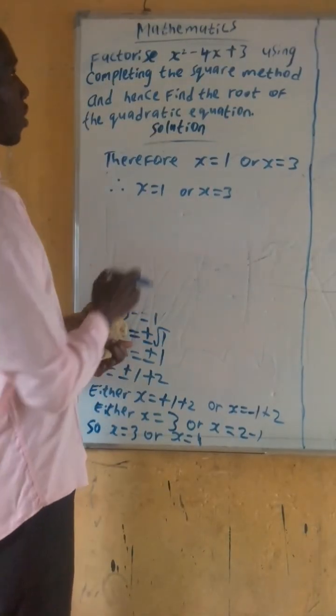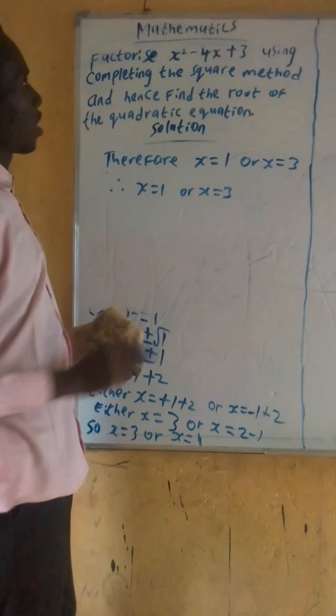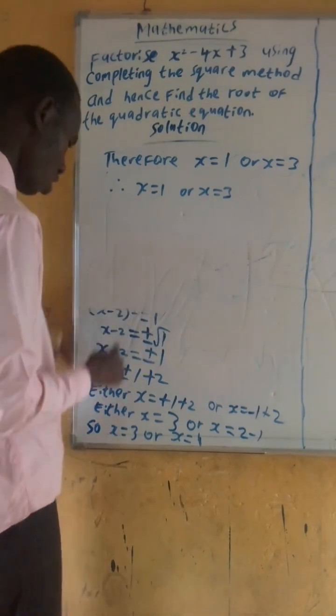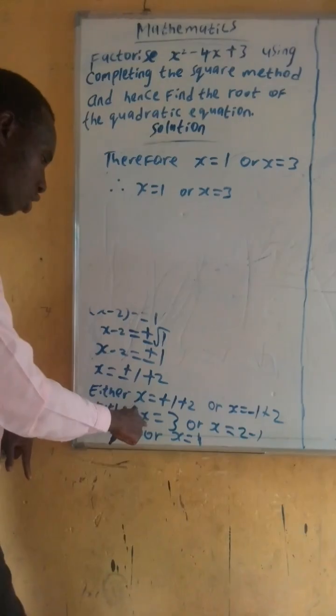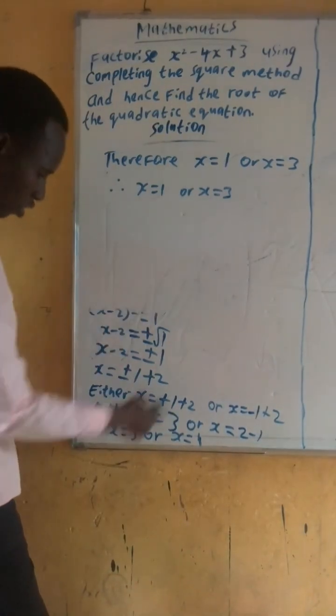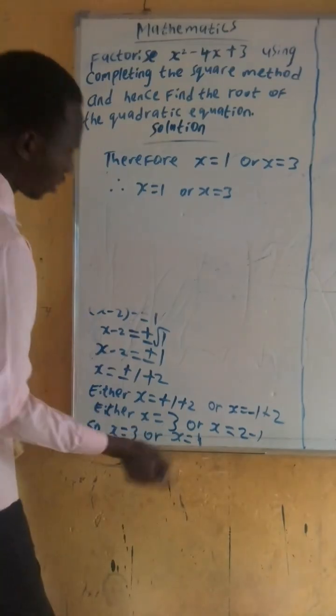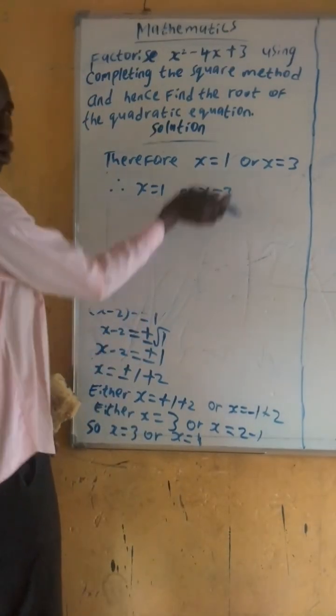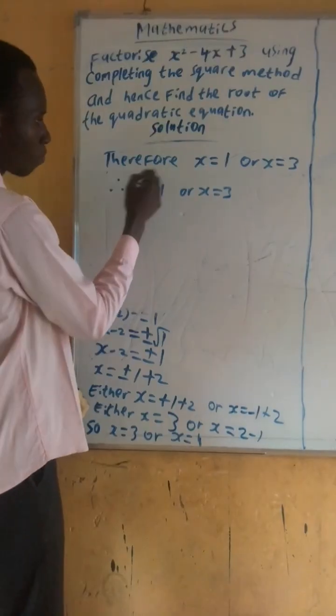Now, but the question says that I should do what? Factorize it. Let's get the result of the factorization. Now, from here, x equals to 3 or x equals to 1, anyway we choose. From here now, 1 is going to cross the equal sign and become negative, right?